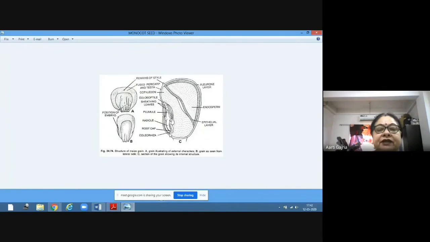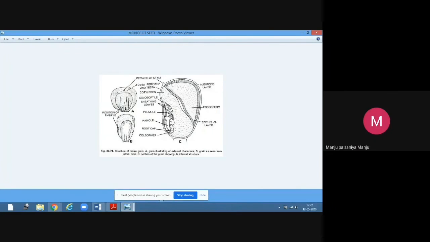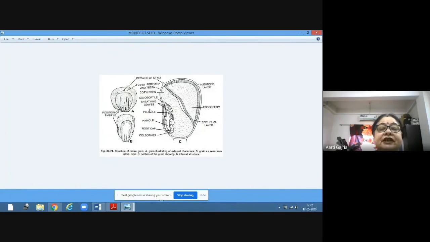Now you will find the coleorhiza, root cap, radicle, then plumule, and this is sheathing leaves. What is this sheathing leaves? Leaf primordia. And this is the foliar structure, coleoptile. And this is one cotyledon. Here only one cotyledon is present.